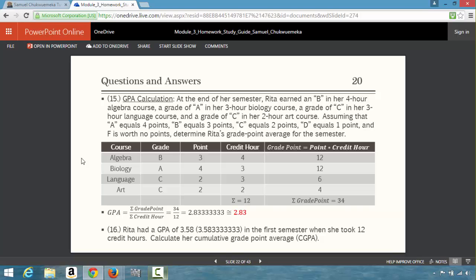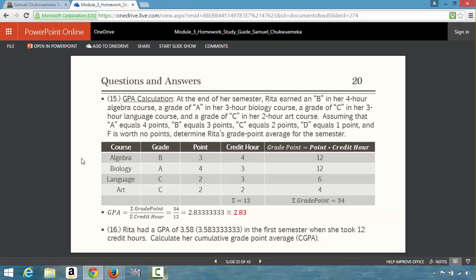Of course, in the United States grading system, A equals 4 points, B equals 3 points, C equals 2 points, and D equals 1 point. F has no point. We don't use E in the US grading system. It's different in some other countries. I know in Nigeria, it's a 5-point system.